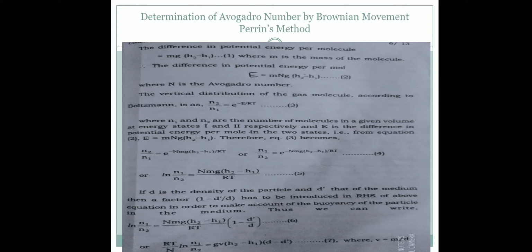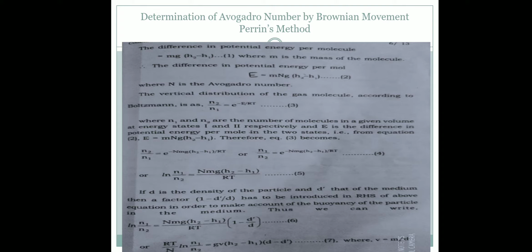Due to the difference in gravitational force, the potential energy of the molecules at heights h1 and h2 will be different. Potential energy is calculated as mgh, where h is the height of the molecule. Therefore, the difference in potential energy is equal to mg into (h2 minus h1), as shown in equation 1.